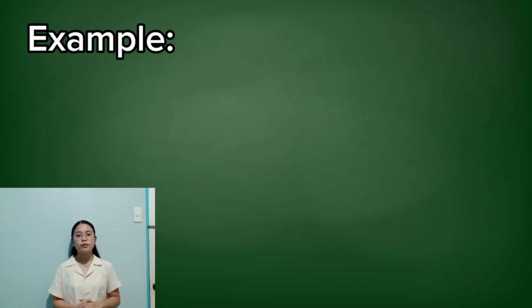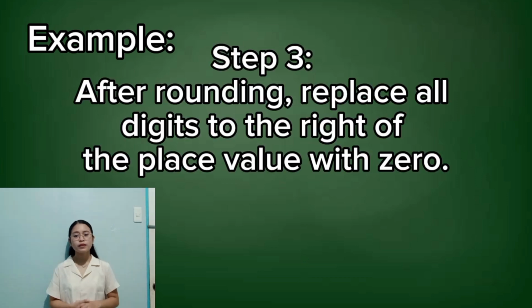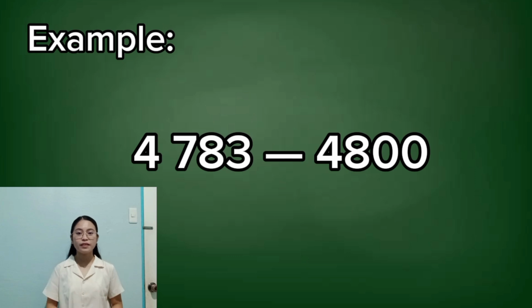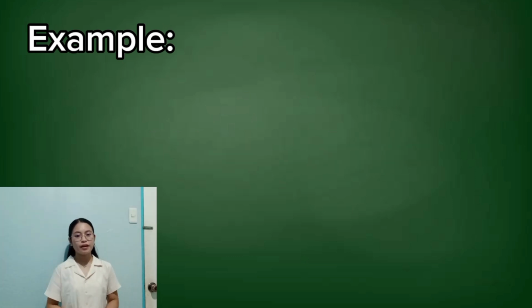So, we round the 7 up to an 8. Step 3. After rounding, replace all digits to the right of the place value with 0. 4,783 rounded to the nearest hundred becomes 4,800.